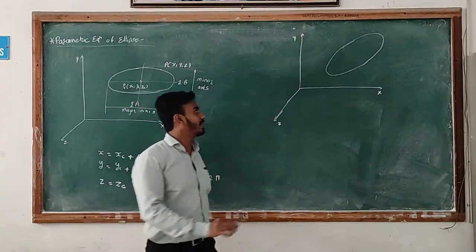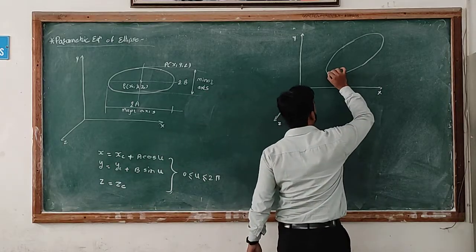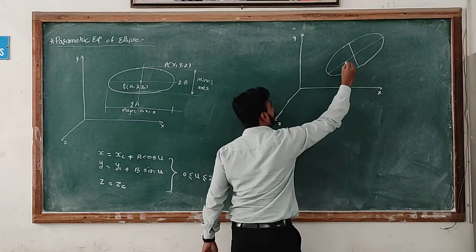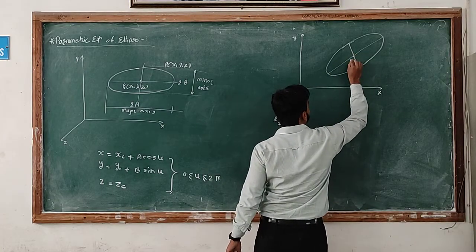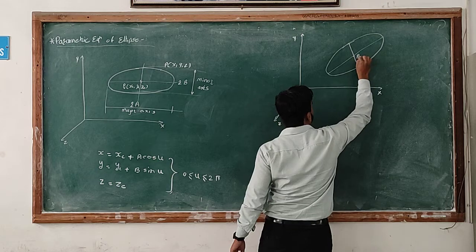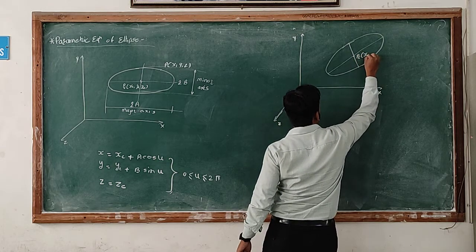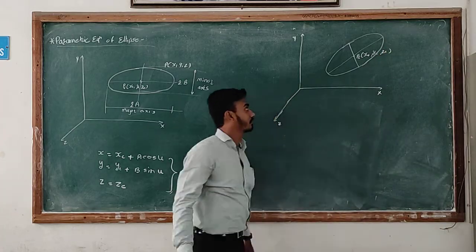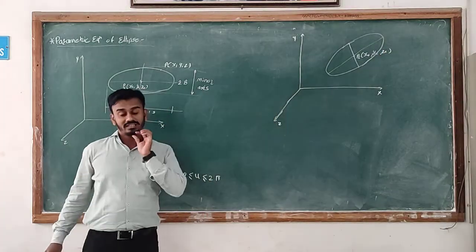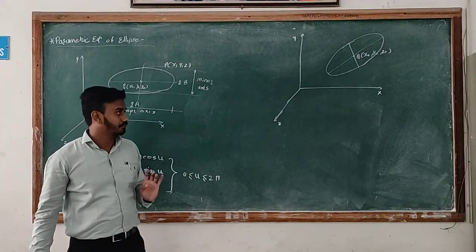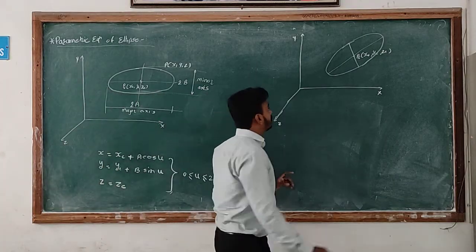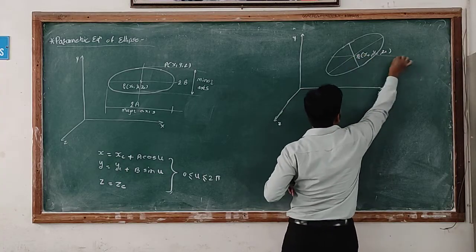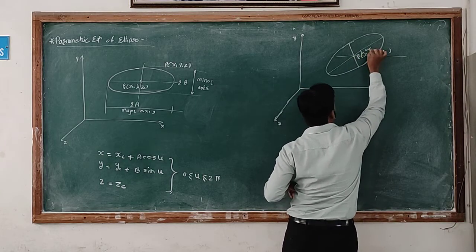This is the major axis of the ellipse, this is the minor axis, and here is the center of the ellipse, PC, having the coordinates xc, yc, zc. This ellipse is inclined to the x-axis with an angle alpha.